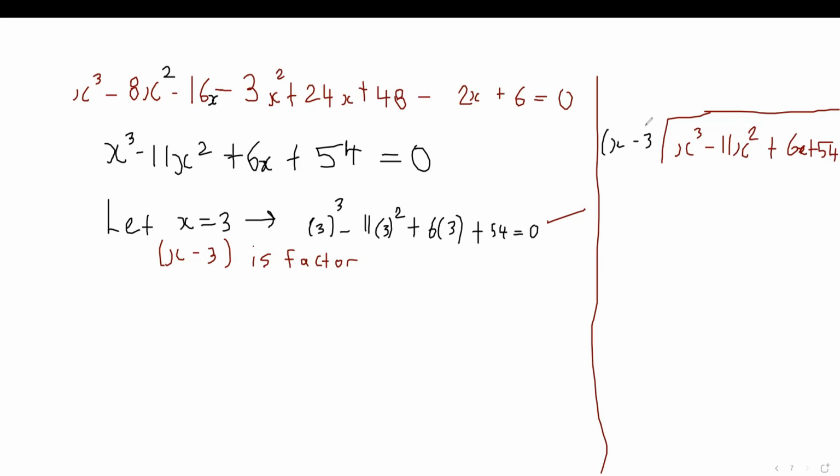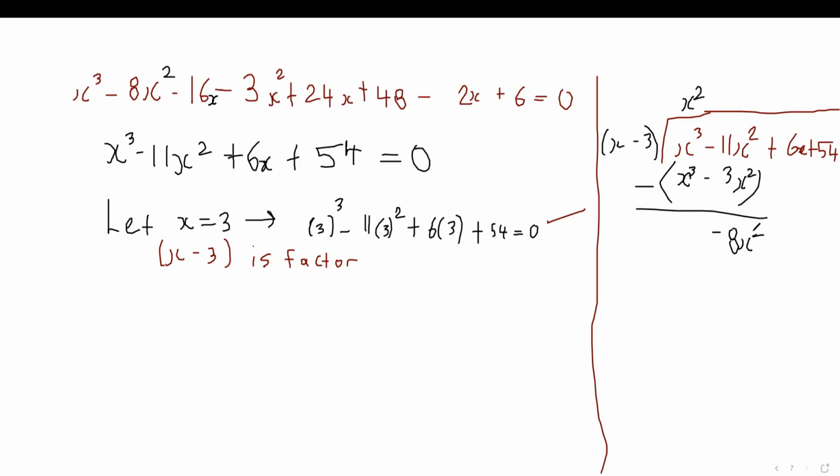Now that we divide it by x minus 3, x into x cubed goes x squared. X squared times x is x cubed. X squared times minus 3 is minus 3x squared. We subtract. X cubed minus x cubed is gone. Minus 11x squared minus minus 3x squared, minus and minus become plus, so that becomes minus 8x squared.